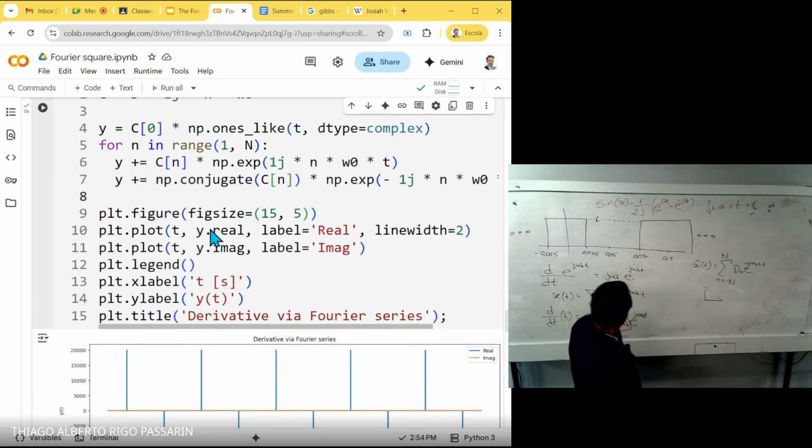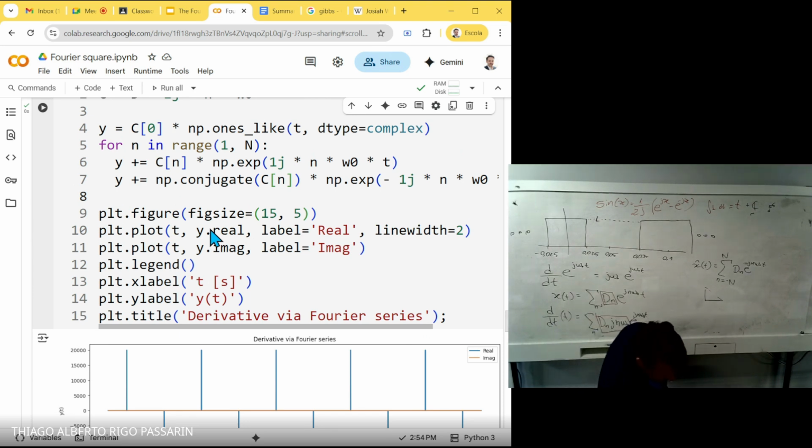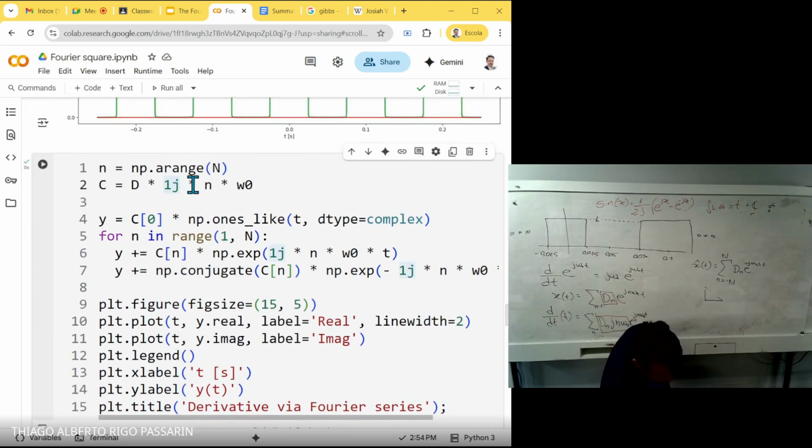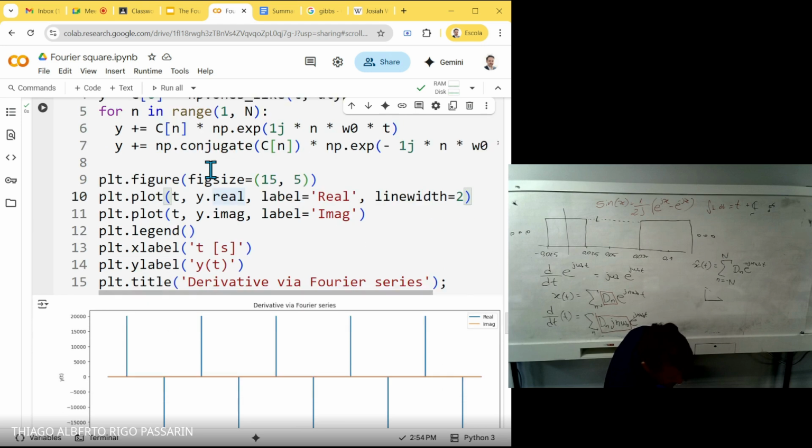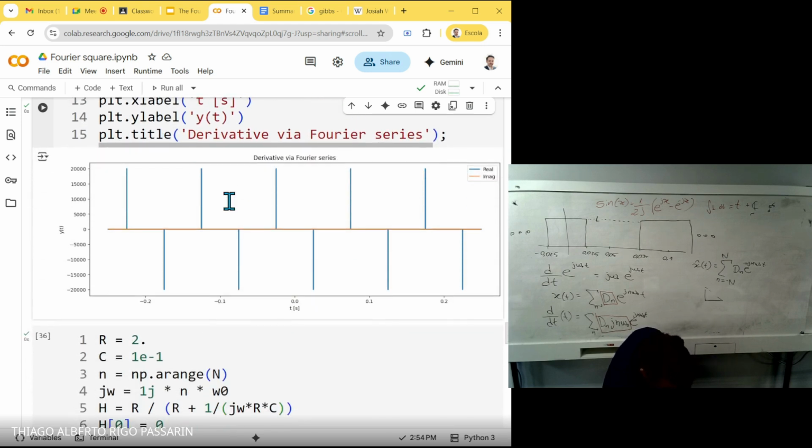What I did in the end of the day is I provided an equation for the computation of the coefficients. Then I just multiplied each coefficient by this, and I summed the signal using the Fourier series.